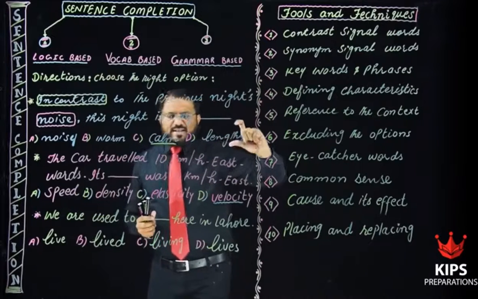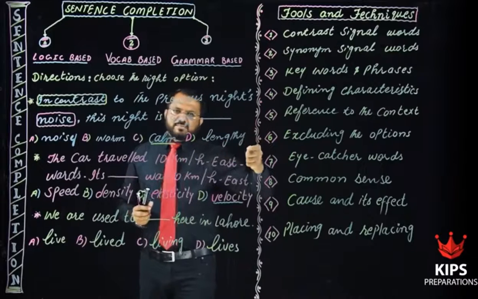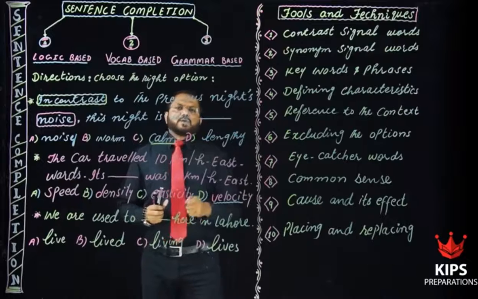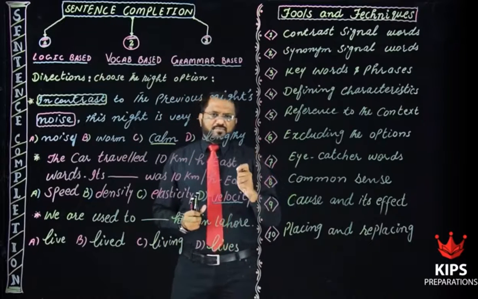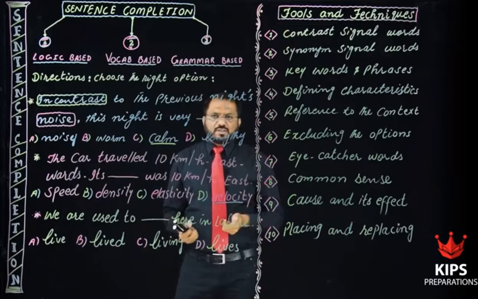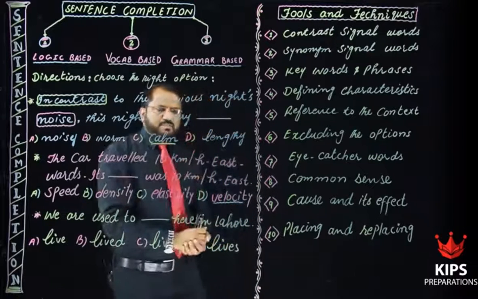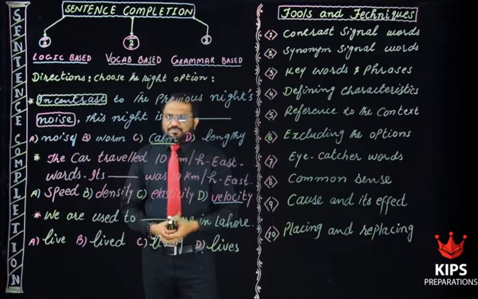But whenever it comes to definition-based sentence completion, if you have been given the exact definition of the word, only the exact and pat word will work, right? Then we will not go for the synonyms. That is how it happens in the second type of sentence completion question, what I call vocabulary-based sentence completion.